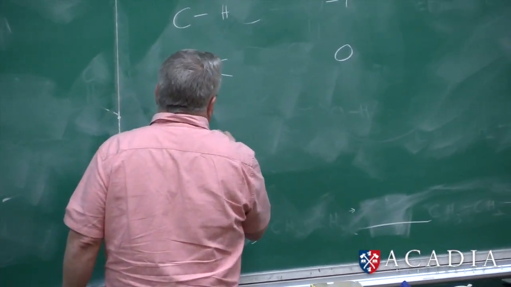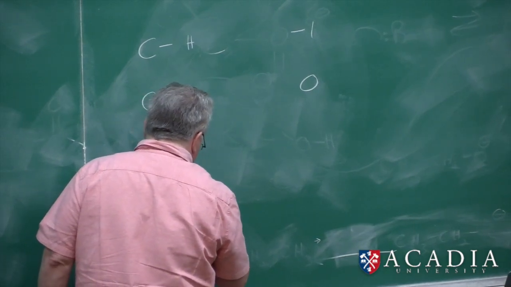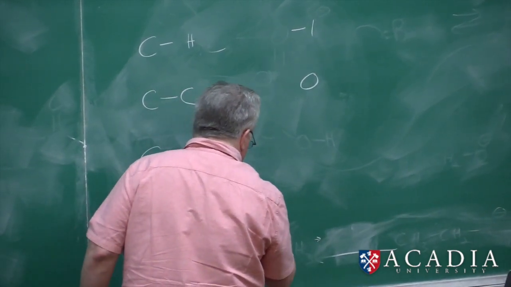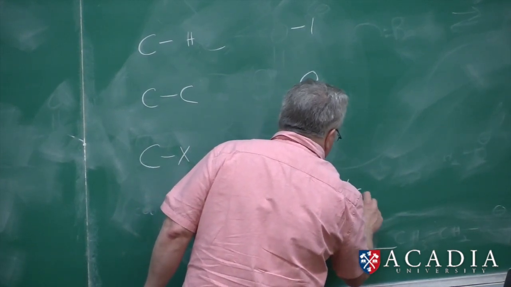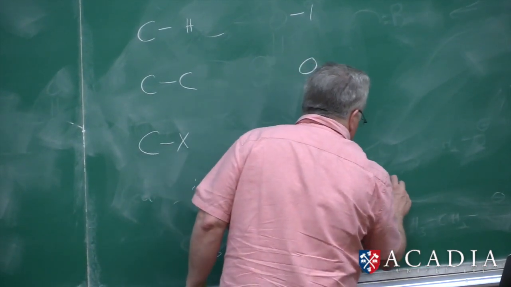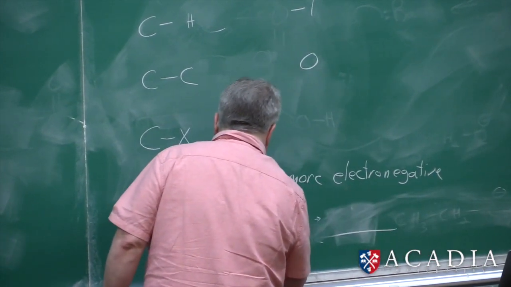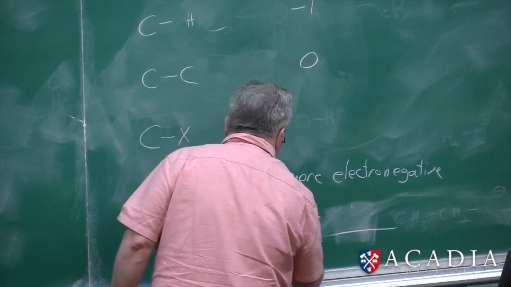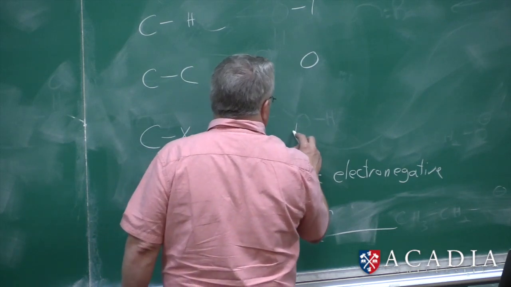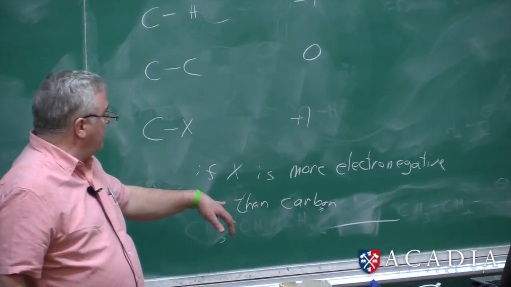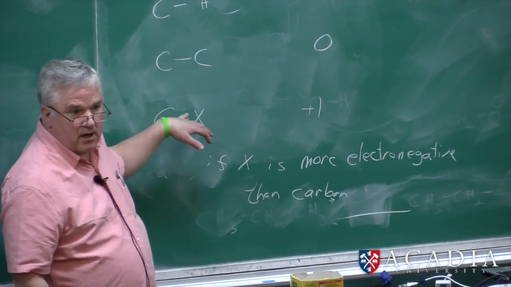And carbon to anything, if X is more electronegative than carbon, we add 1 for every C-X bond to the carbon.